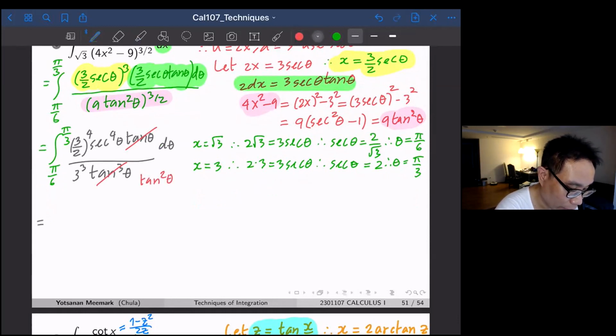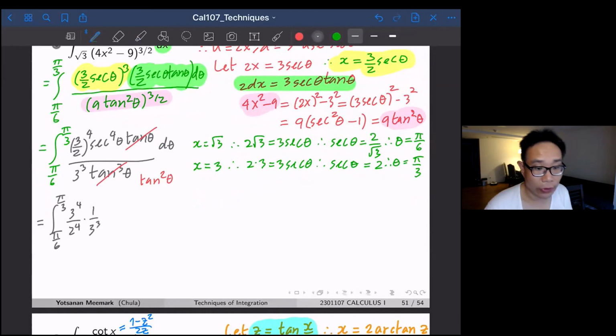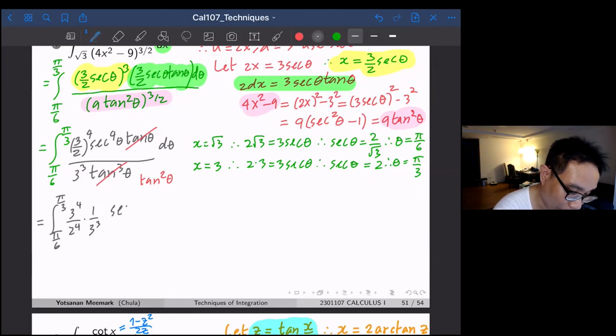So it's going to be the integral from pi/6 to pi/3 of 2 to the fourth over 3 to the third, and you have sec to the fourth over tan squared.